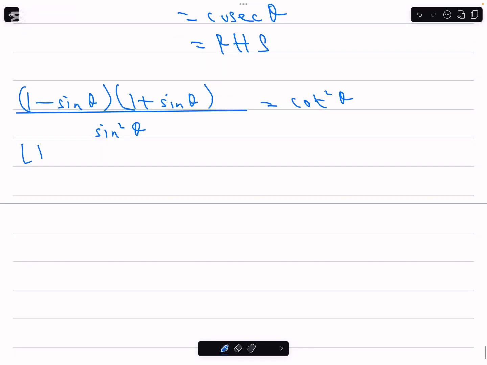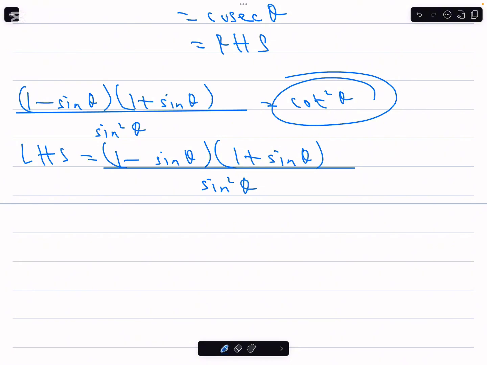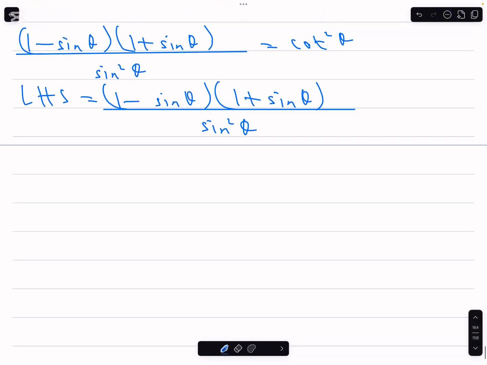Let's go from the left hand side. The left hand side is 1 minus sine theta times 1 plus sine theta divided by sine squared theta, and we want to show that that's equal to cot squared theta.